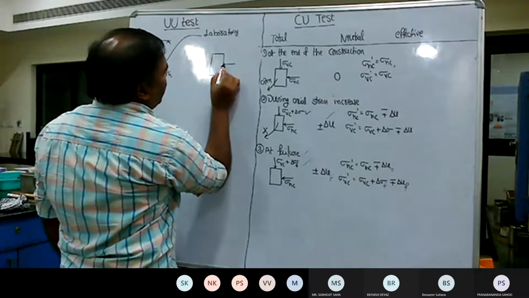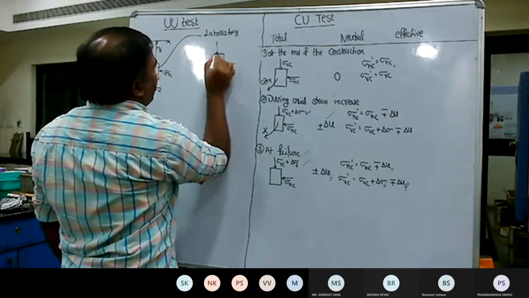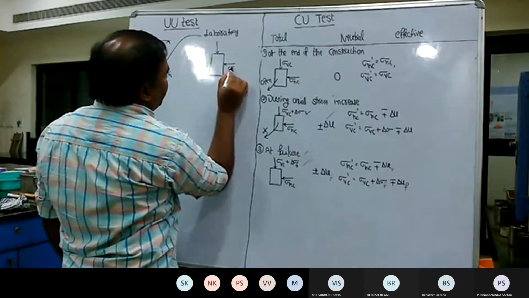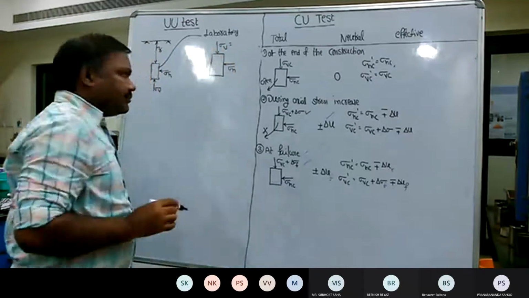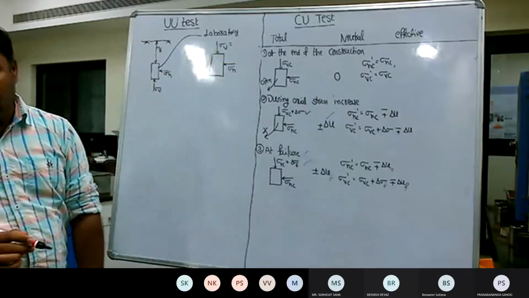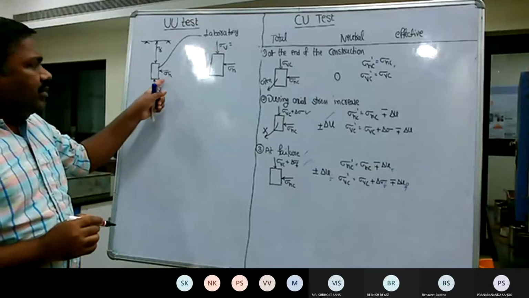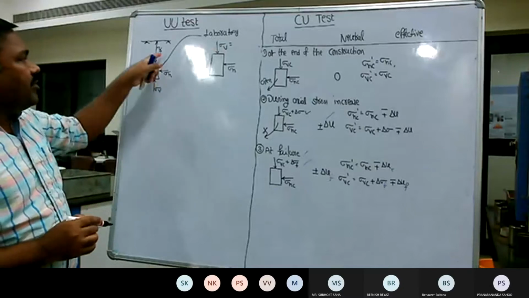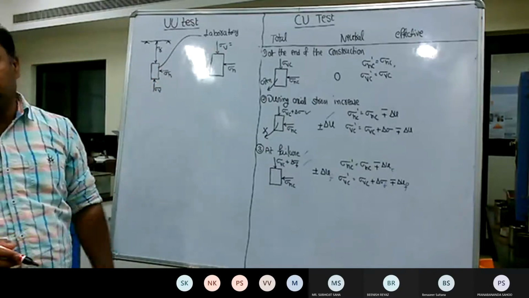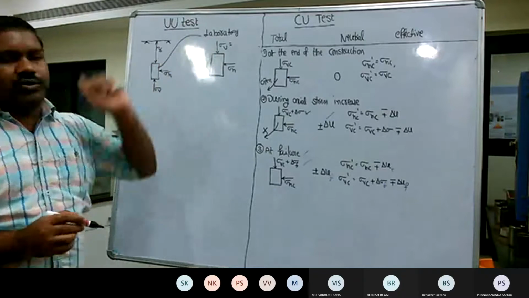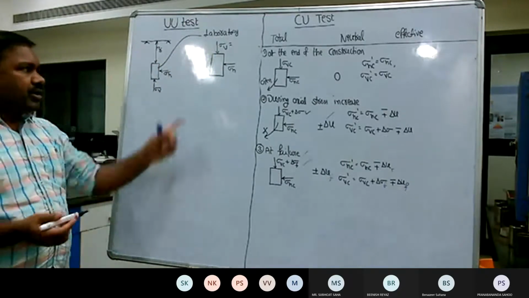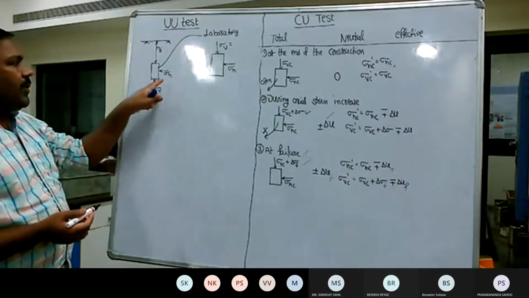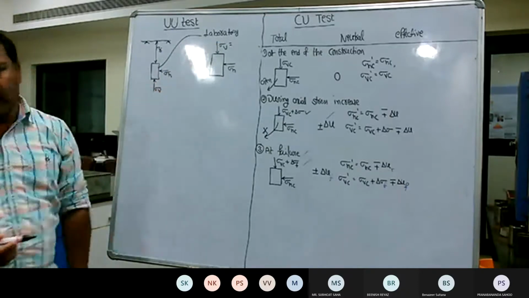So what will happen to sigma h and sigma v? Any opinion? A sample has been grabbed from a depth of the original ground and brought to the laboratory.